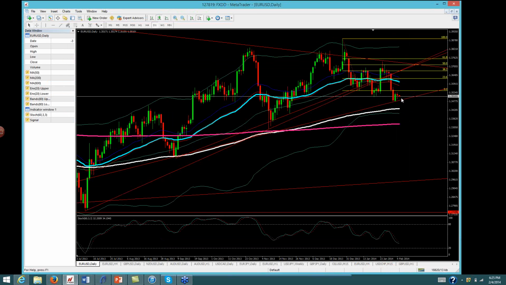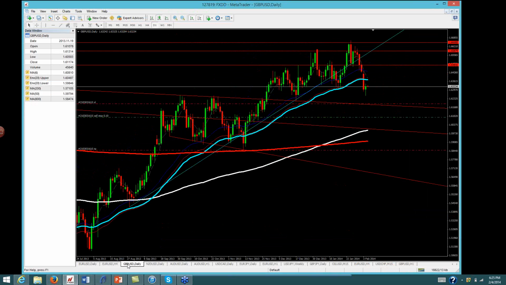And if price does break through this trend line, we do have another support area right here at the 200 MA. That's going to be at 134.29, where we can see price really begin to attack the upside on the euro dollar. So let's look for a buy bias on the day on the euro dollar.